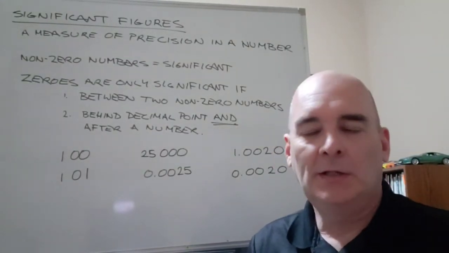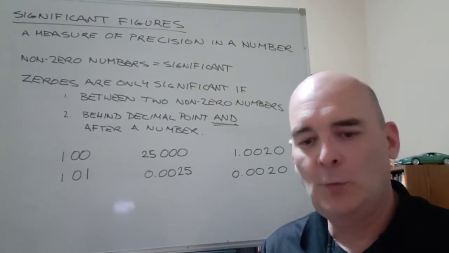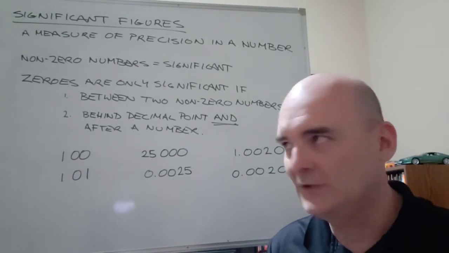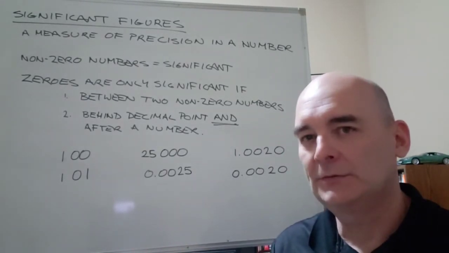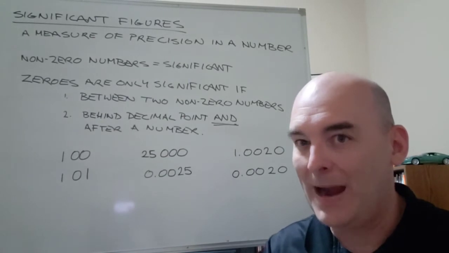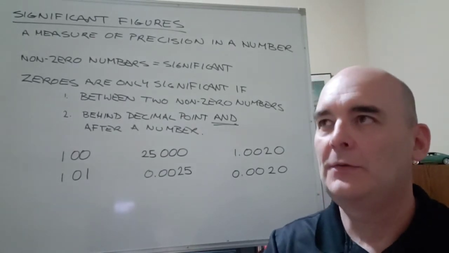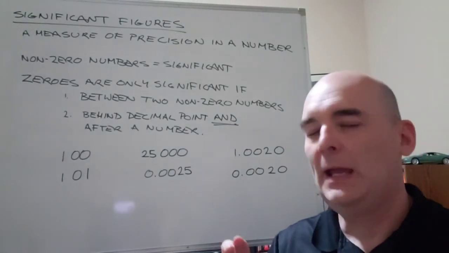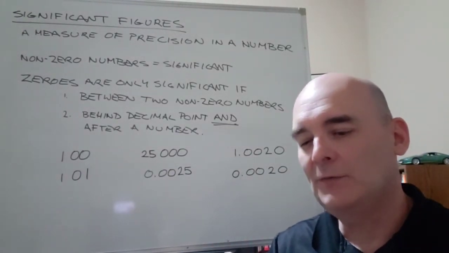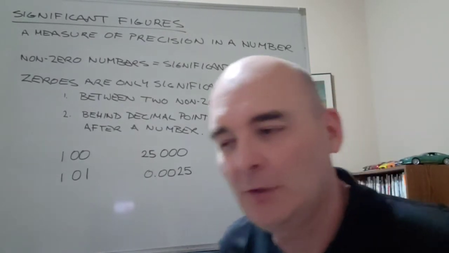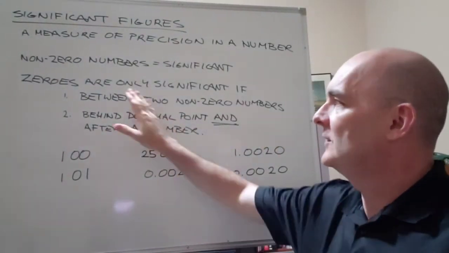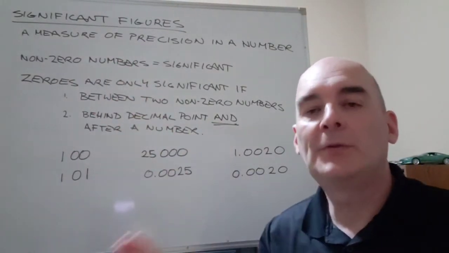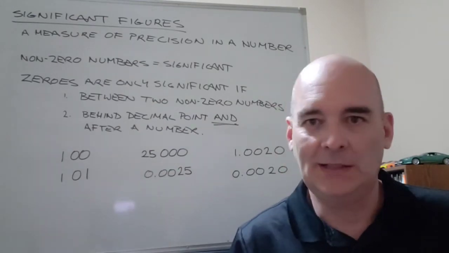So we know what units are, and we're getting to the point where we're going to take those measurements and combine them some way, somehow. We have to talk about significant figures, the amount of precision that a number holds. And it turns out that you have to look a little bit closely. For significant figures, any number that is not a zero is automatically a significant figure.